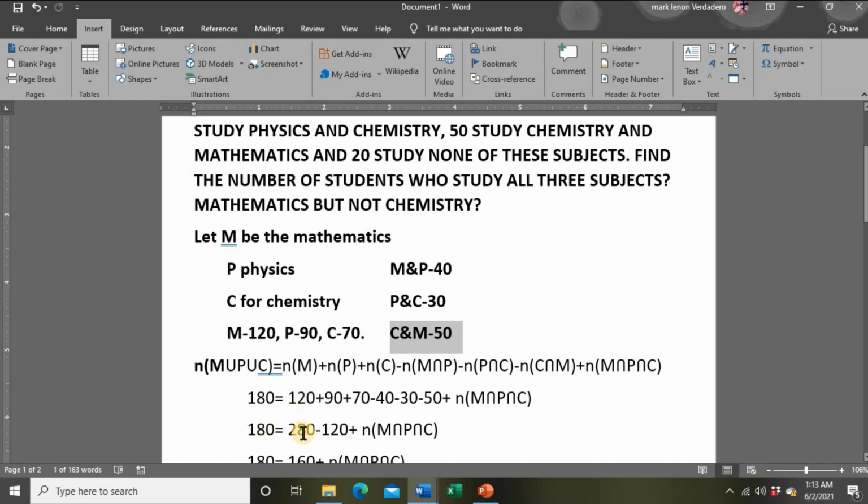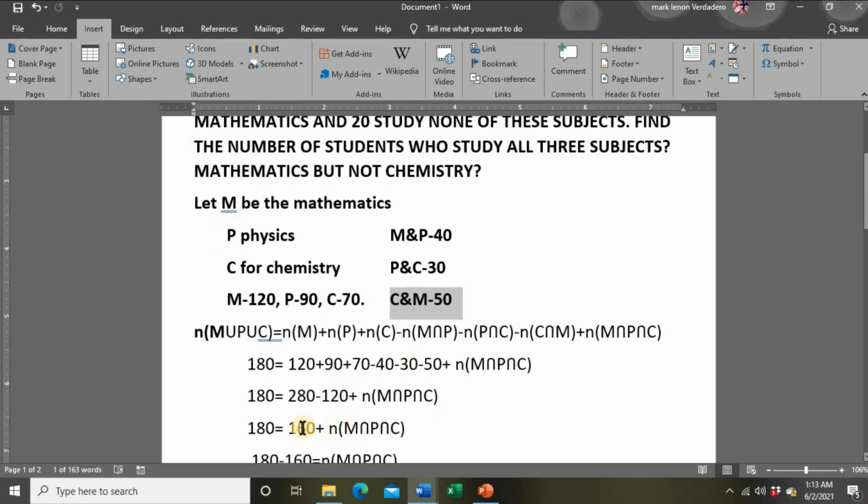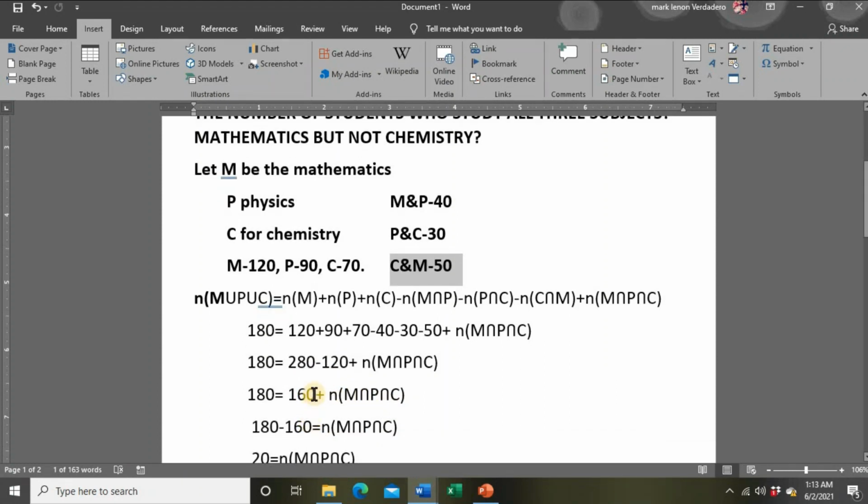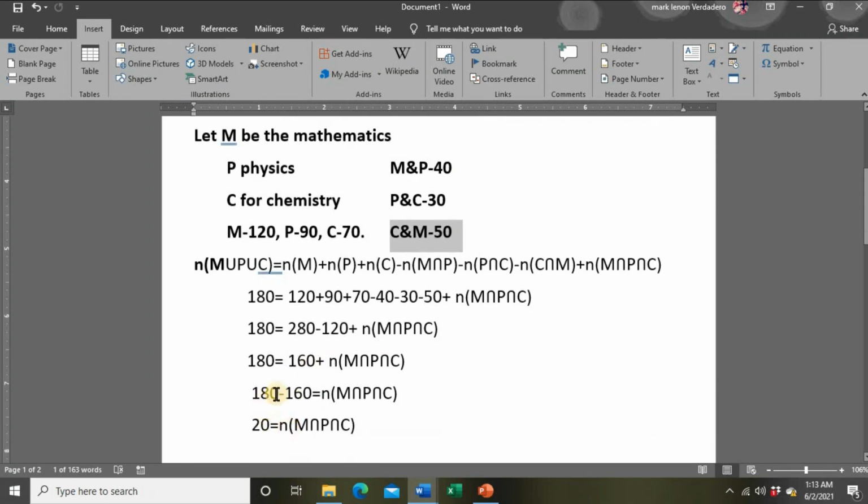So we have now here 280 minus 120. Okay, so in-add yung mga positive, then yung mga negatives. Then 280 minus 120 is equivalent to 160. Then we transfer this 160 to the other side of the equation. So 180 minus 160 is 20.